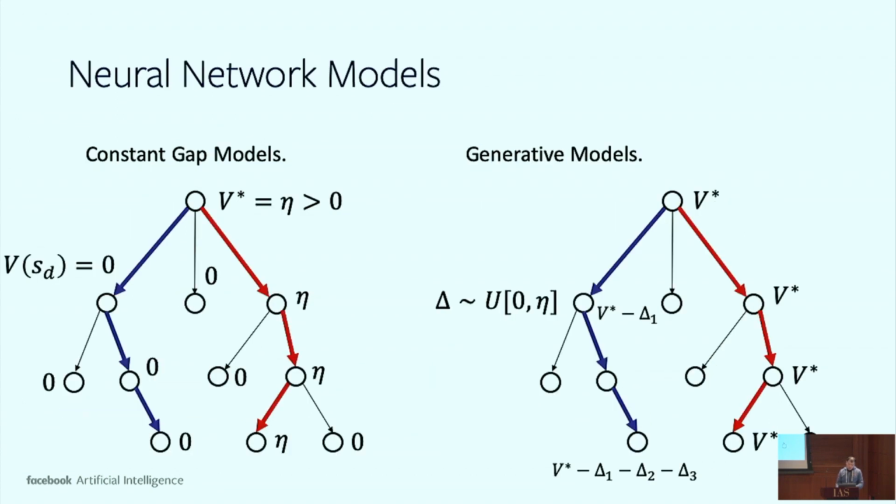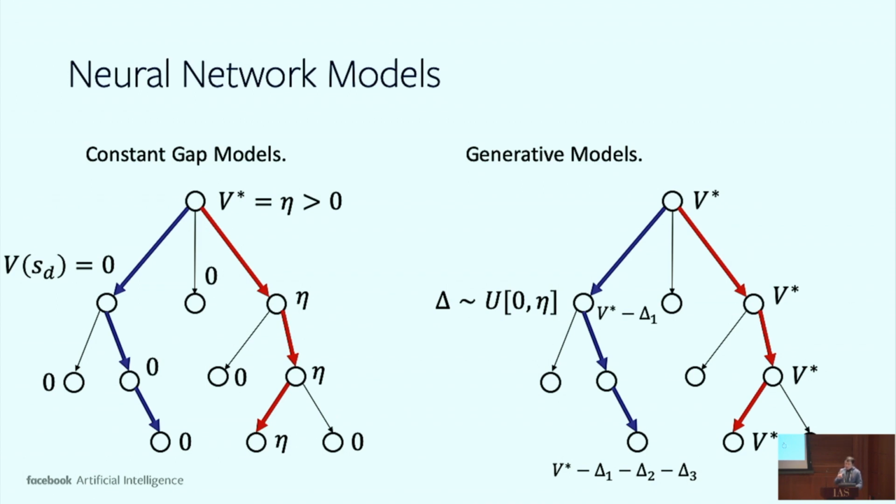In order to do that, we basically assume there are two neural network models. First of all, we think about these constant gap models in which you have an optimal path, and that optimal path has an eta as a value that is bigger than 0. And for the rest of the regions, all these v's are zeros.